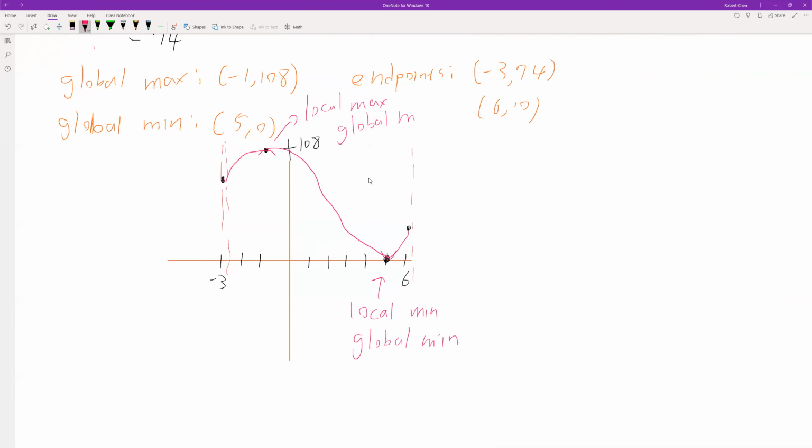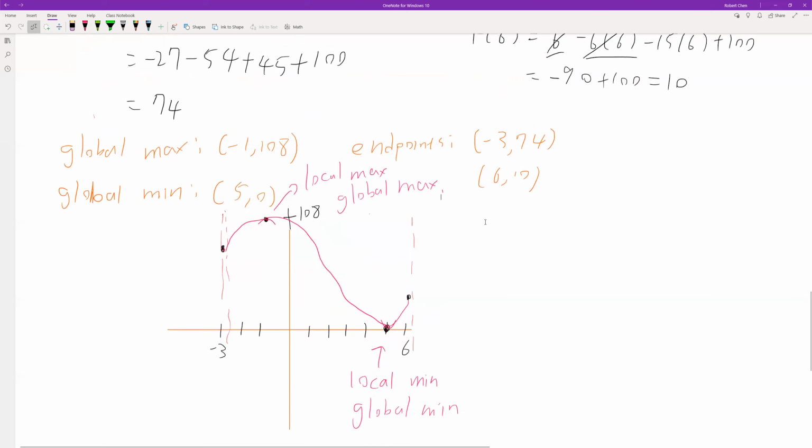To find the global maximum and minimum, you always have to check the function value at the endpoints, to see whether your local min and local max are your global minimum and maximum. It's just 2 more points to check.